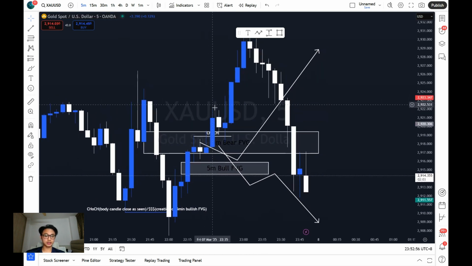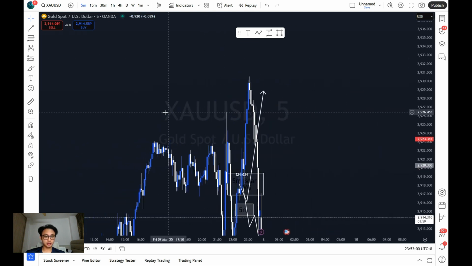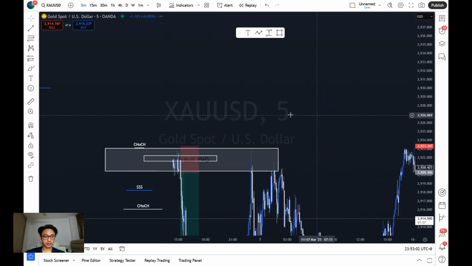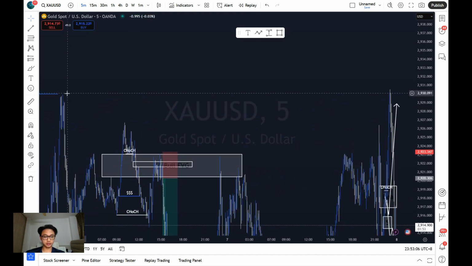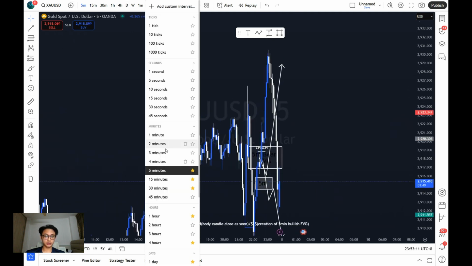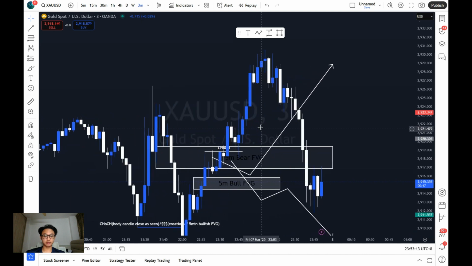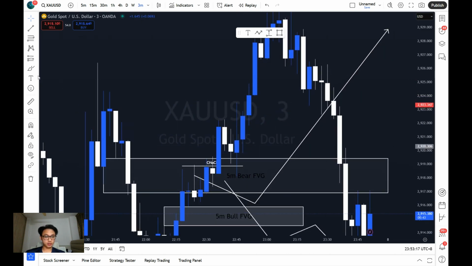And then we tested the change of character before heading upwards to take out this buy side liquidity resting to the right, which is this area. So okay, actually we could have taken an entry, right, when we retested the change of character, or when we retested this 3 minute bullish order block, right?